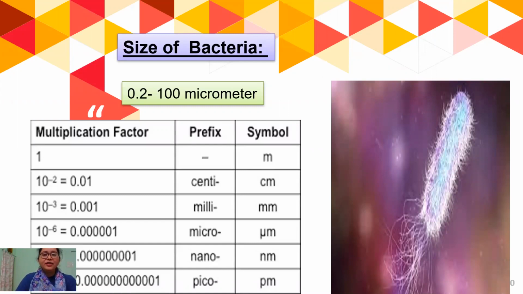Now let's move towards the next point, that is the classification of bacteria. Children, whenever we hear the word classification, the first thing that comes to our mind is: what is the criteria? On which criteria are we going to classify? Here also, bacteria are put into different categories based on different criteria.